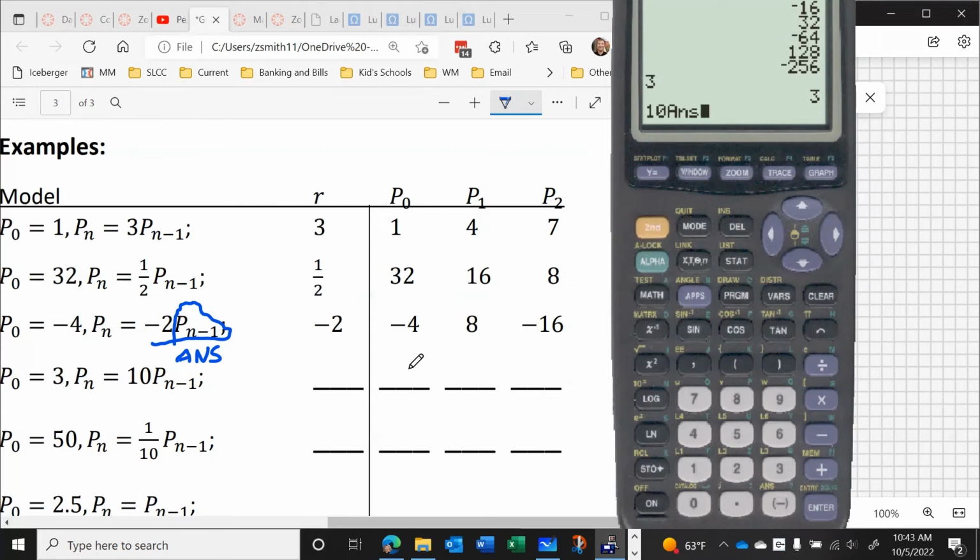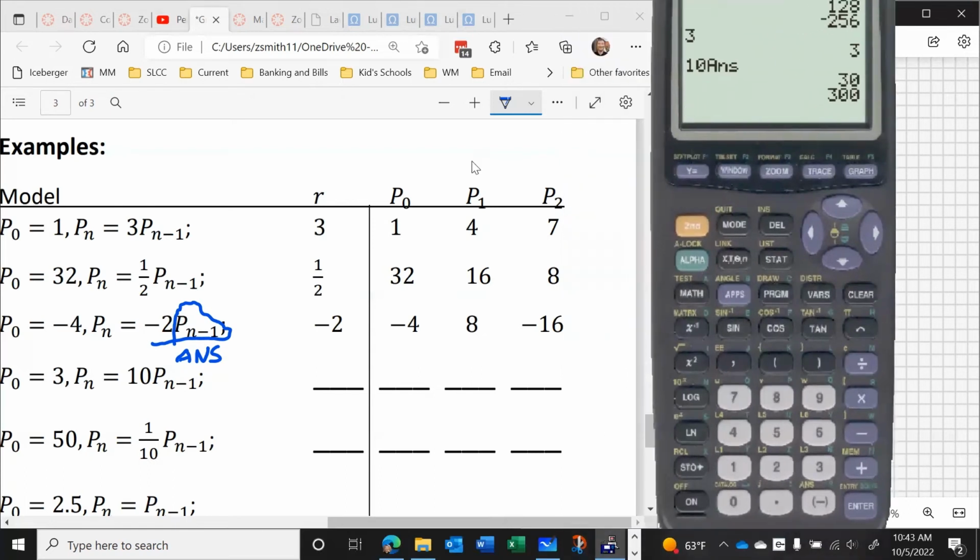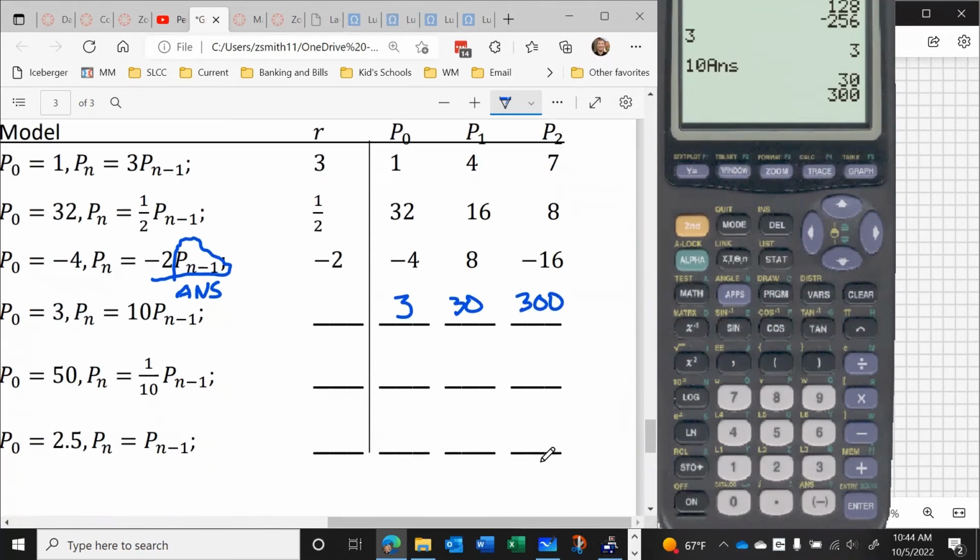You can write it in if you'd like. And then there's the next two, 30 and 300. This is 3, and then 30, and then 300. Very easy to generate these terms in a recursive definition.